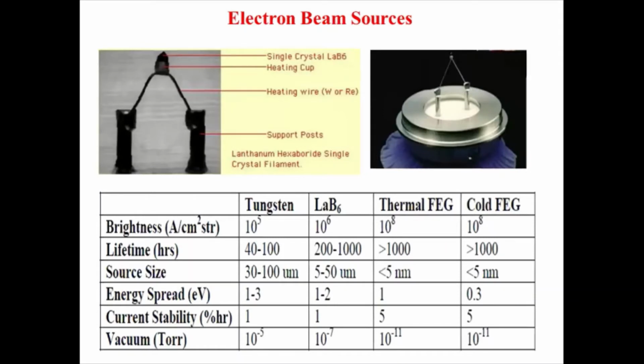And that is why the prices of these instruments are very different. If you buy a scanning electron microscope with a thermal emission gun or thermionic gun and with all auxiliary attachments, it may cost you around 1.2 to 1.5 crores. But if you want a field emission scanning electron microscope with the same set of auxiliary equipment, you have to pay more than 2 crore rupees.